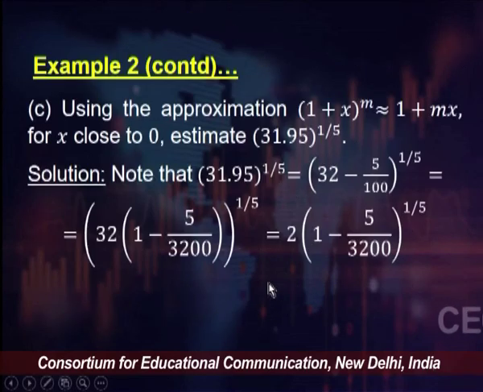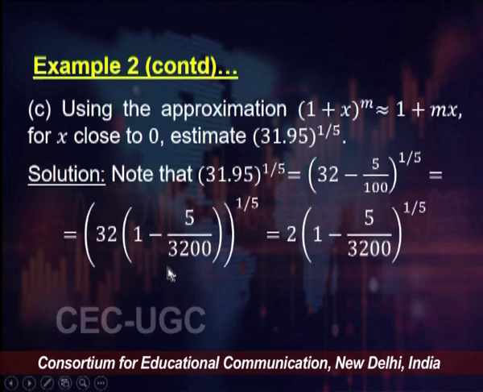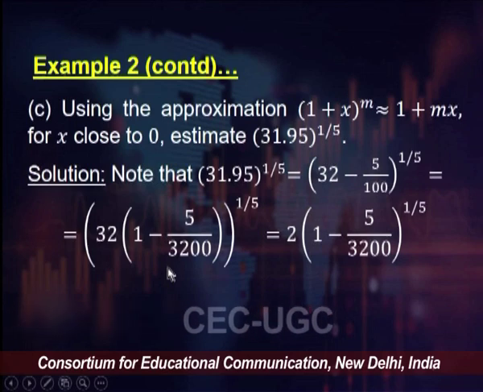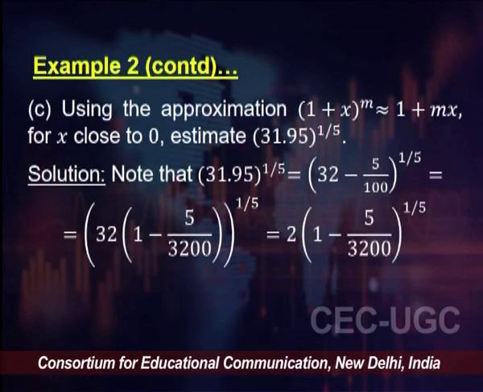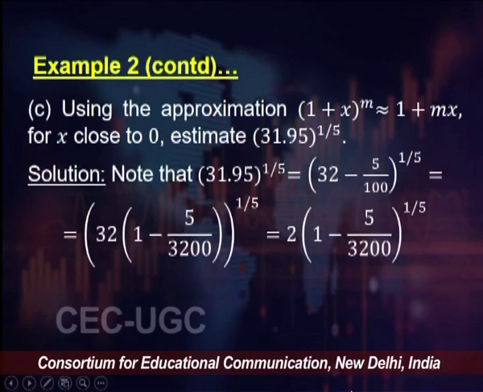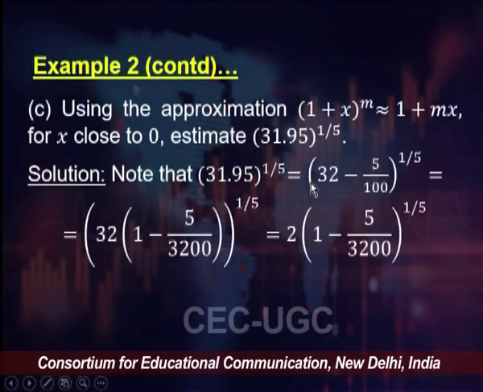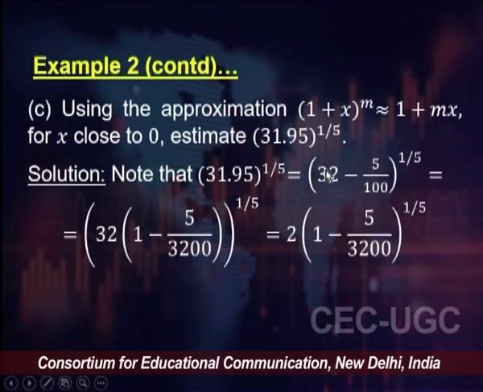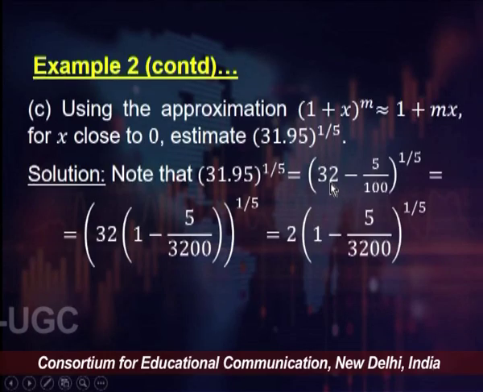Another estimate that I have asked you to get at is the 5th root of 31.95. And here also we will make a similar manipulation, because 31.95 to the power 1 by 5 can be written as 32 minus 5 by 100, because ultimately you have to get a 5th root. So, I know that the 5th root of 32 is 2, and I am going to manipulate things in that direction.